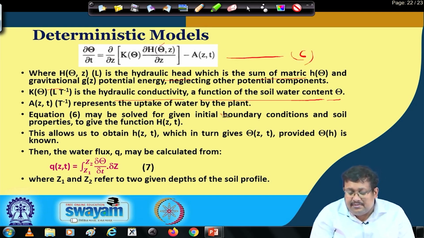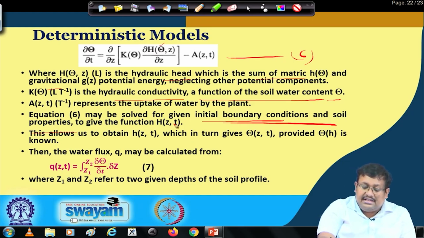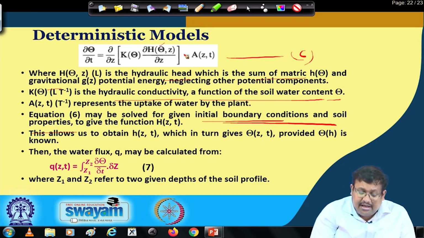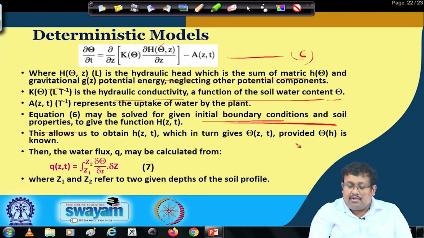Equation 6 may be solved by given initial boundary conditions and soil properties to give a function of h, which is h(z, t). Basically, this allows us to obtain this small h(z, t), which in turn gives theta(z, t), provided the soil properties are known.